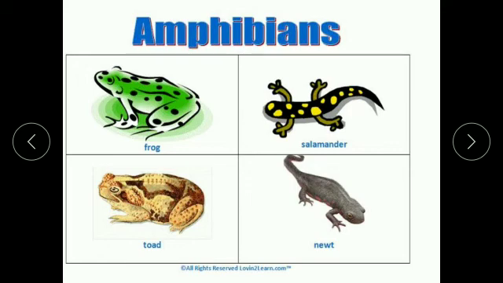Okay, so they are adapted to live on both these surfaces. That means they can live on land, they can be terrestrial, and they can live in water, where you say that they are aquatic too, to a certain extent, right? So here you have the frog. So the frog belongs to this class of animals called amphibians.